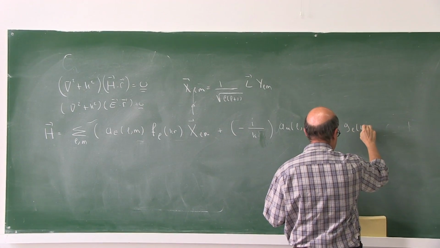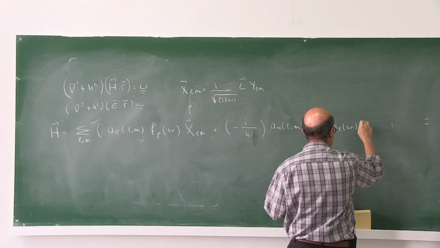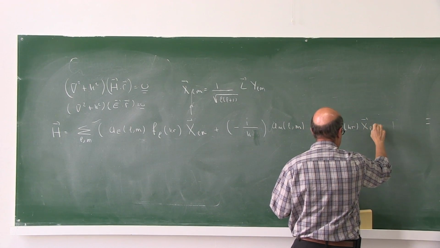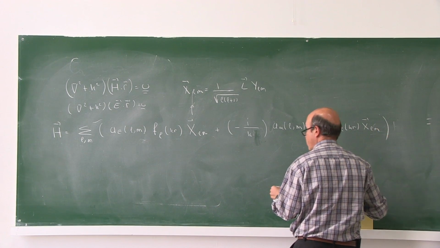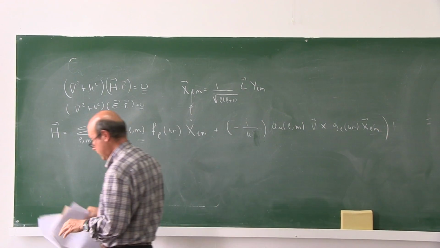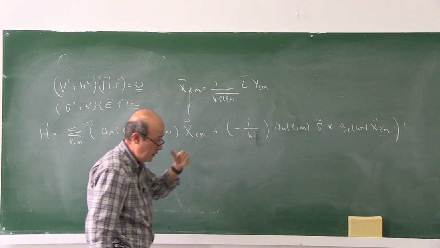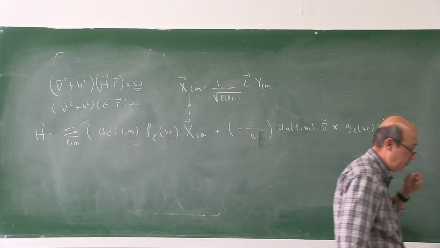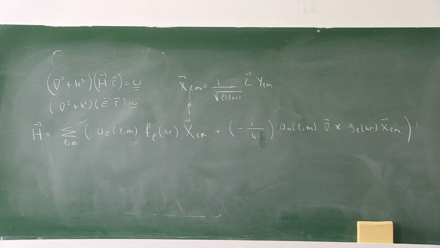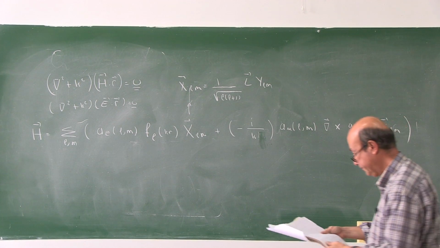So we did some work and we derived this. A_E and A_M correspond to the transverse multipole orders of the electric and magnetic fields.